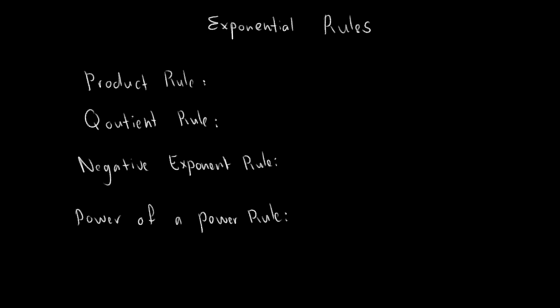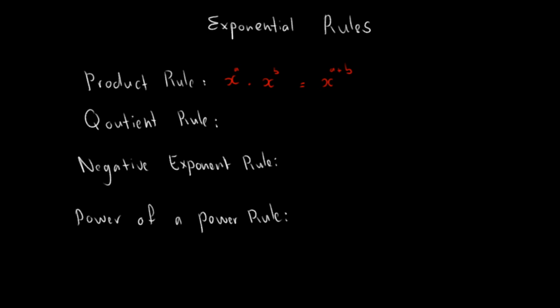The first one we have is the product rule. So what does the product rule tell us? For my explanations, I will use x and y's. Now x to the power of a multiplied by x to the power of b will simply give me x^(a+b).